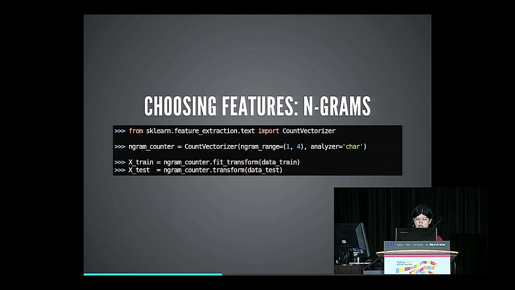And then what we do is that you take this object that we've just instantiated, and you fit transform it to data train. Data train here is just our list of road names. And what you're going to get back is a feature matrix of all of the n-gram frequencies for each road. And then we do the same thing for the test data. So this is the list of road names in the test set. But instead of calling fit transform on that, we just call transform. So we have a similar feature matrix for that.